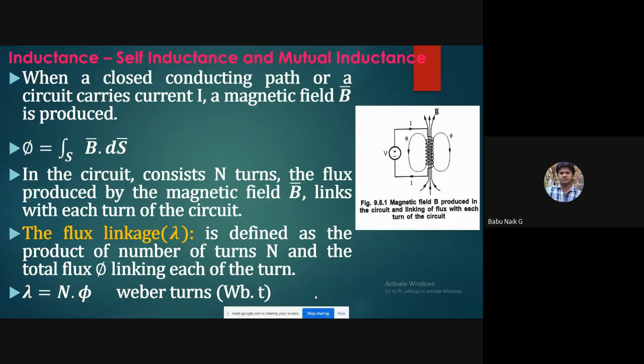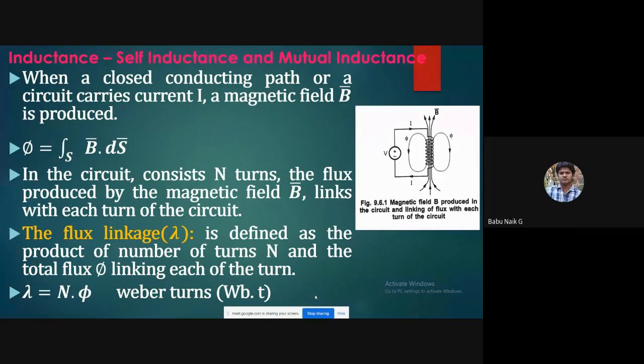The wire or conductor will have a certain length, and when it is twisted like a coil, it becomes the basic inductor. This is our main thing of the inductor: considering one conductor with a certain length, if you twist it, not in a straight conductor, it becomes a coil, which we call the basic inductor.